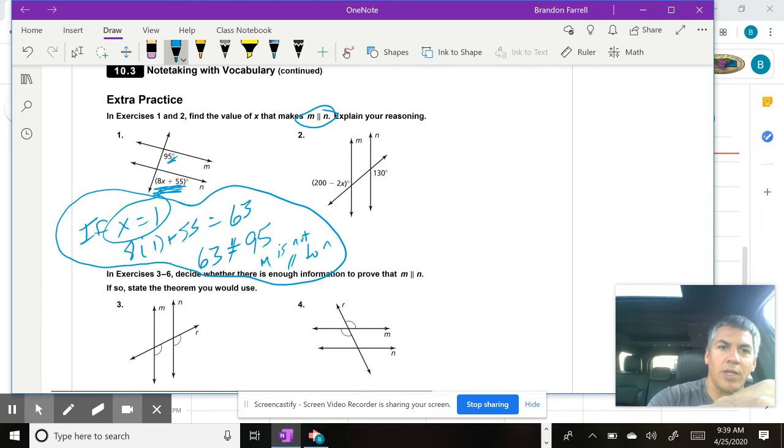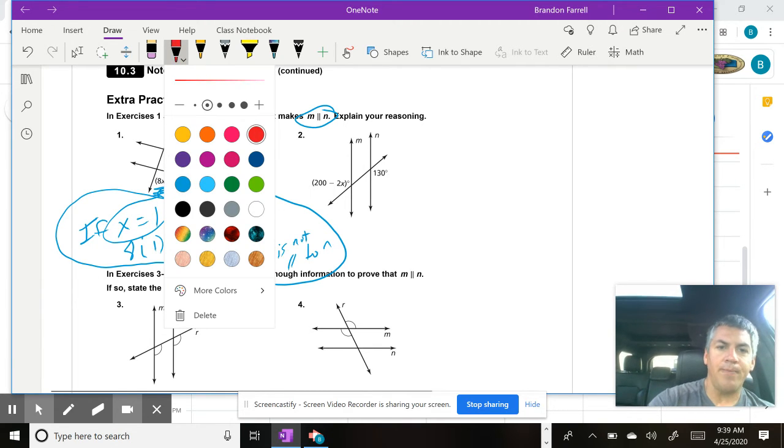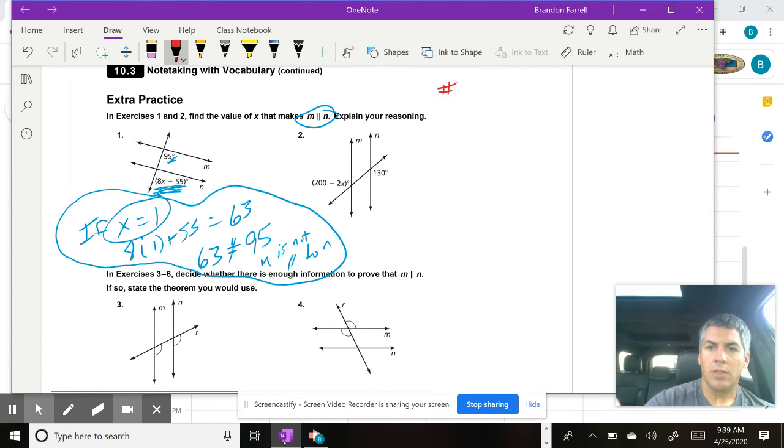So we're going to set up the equation in a slightly different way, over here on the right. So for number 1, we're going to set up 95, and make sure that the corresponding angle is equal to 95 by setting an equation equal to that. Now we're going to get some simple solving steps here. 95 minus 55 is going to be 40.